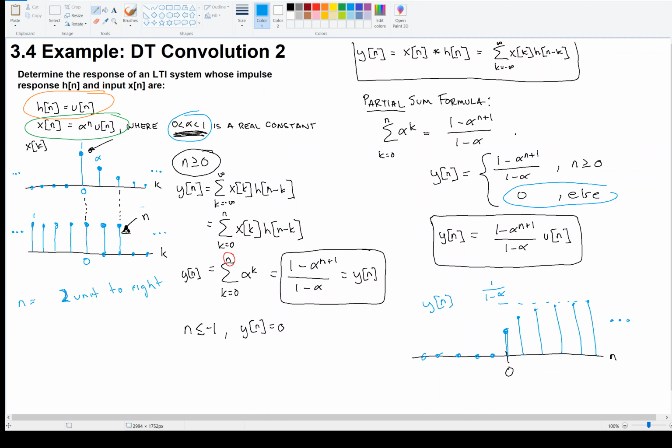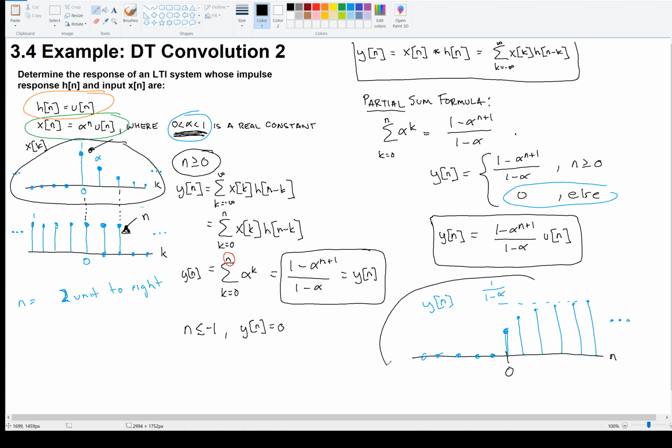So let's summarize, because it's easy to get lost in the mathematical details. Do not get lost in the math. Keep your focus on engineering. What we did was we found the output of this system, a voltage or a current or a vibration or whatever, when we input this signal, shown here, into the system.